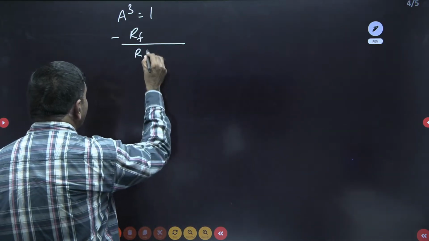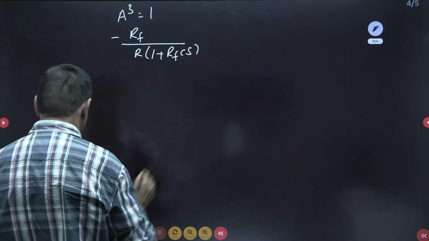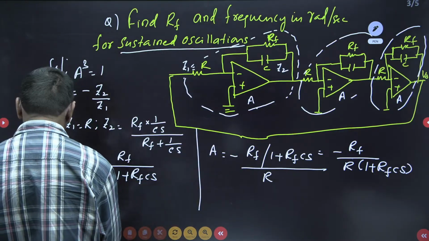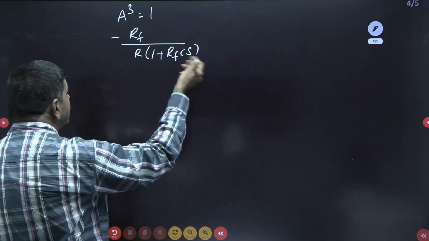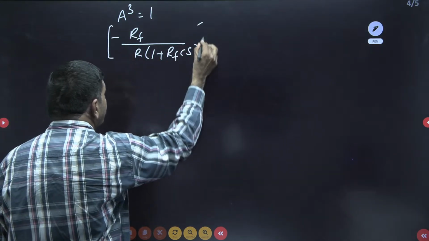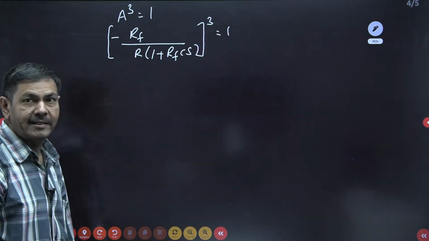Once again, RF by R into 1 plus RF Cs, whole cube. That is A cube, and A cube equals 1.